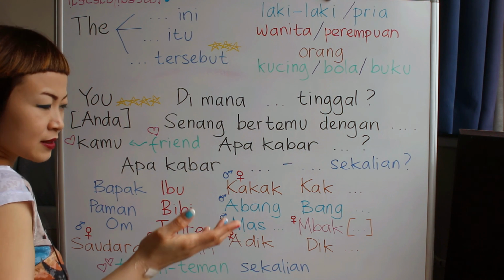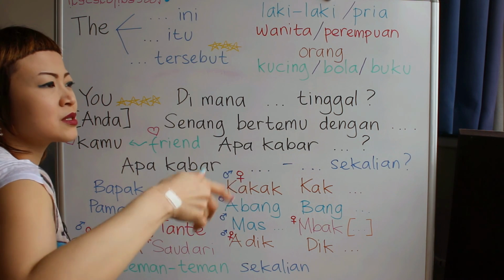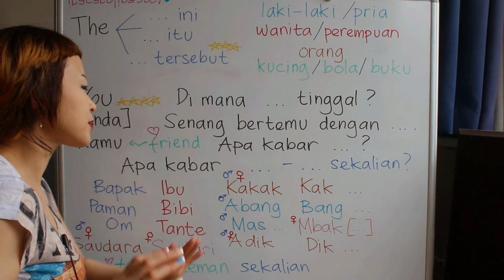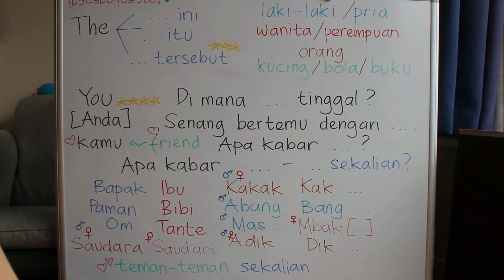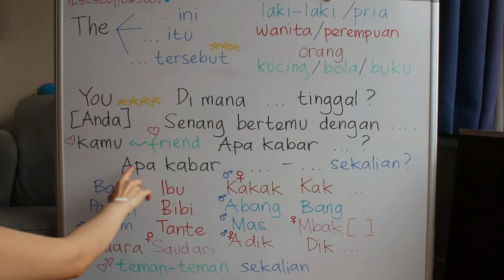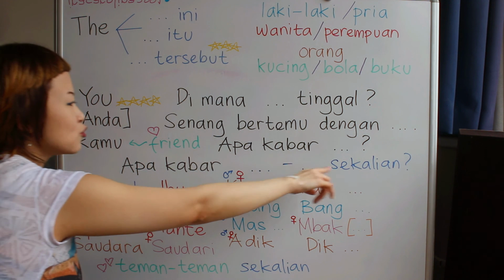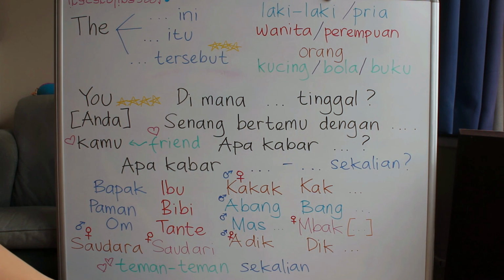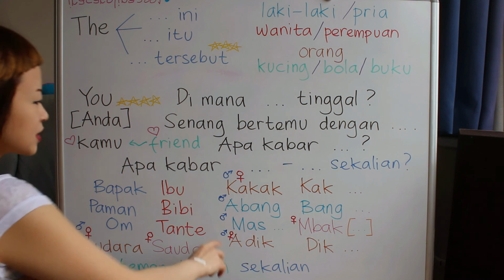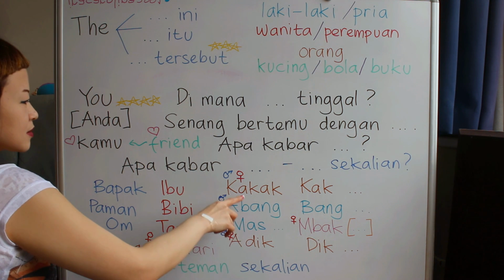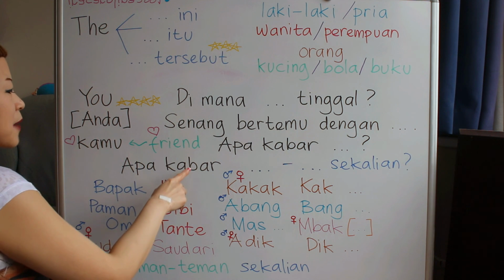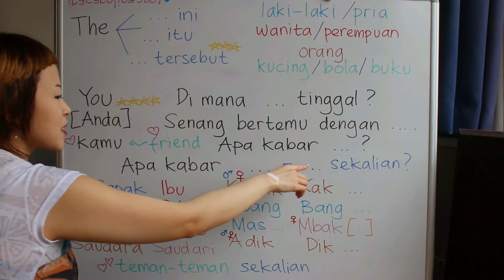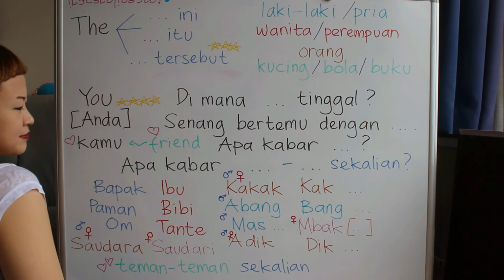But the "you" is the sir, the man, the woman, old enough to be your father, mother. Apa kabar Bapak Ibu sekalian? Or in this case, you want to say mas and bak: apa kabar mas, bak sekalian?